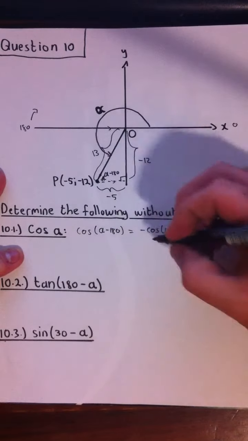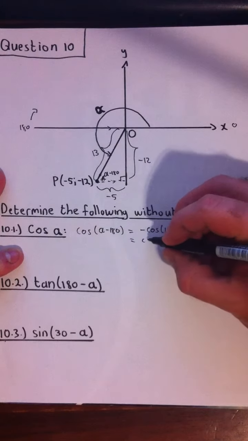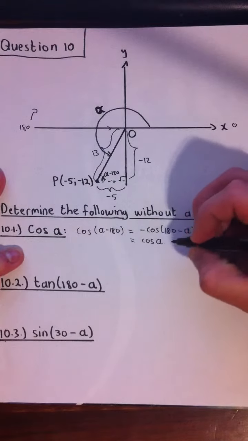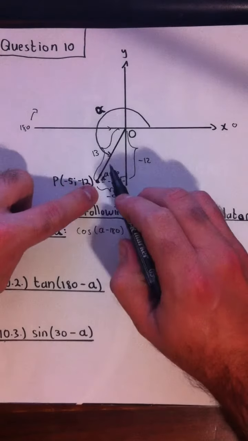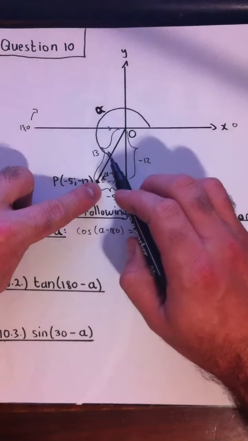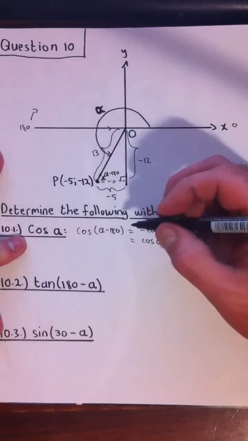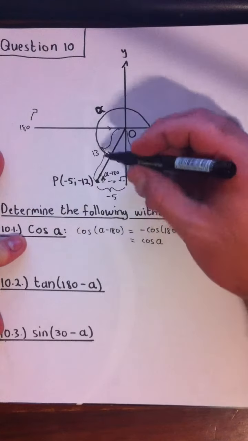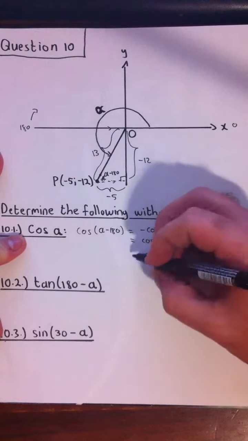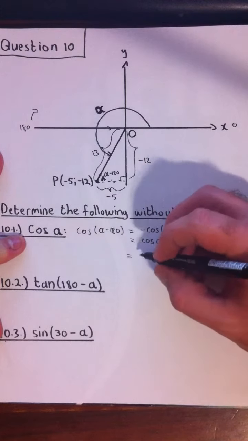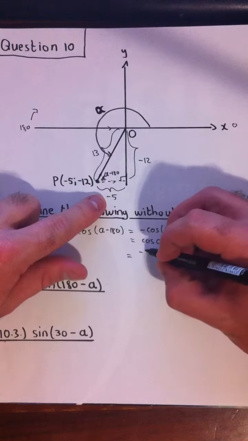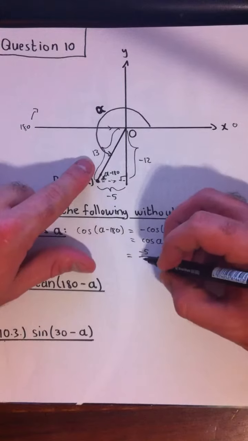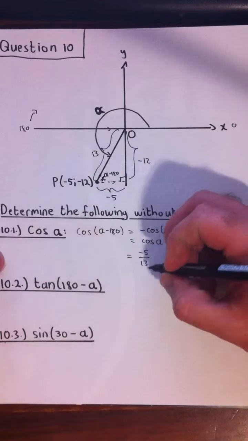Okay, so that's just equal to cosine of alpha. So in this case, cosine of this angle would be the same as cosine of that angle. And cosine we know is the adjacent side divided by the hypotenuse. So cosine of alpha is equal to the adjacent side, -5, over the hypotenuse, which is 13.